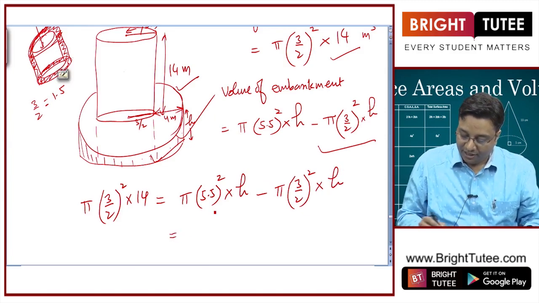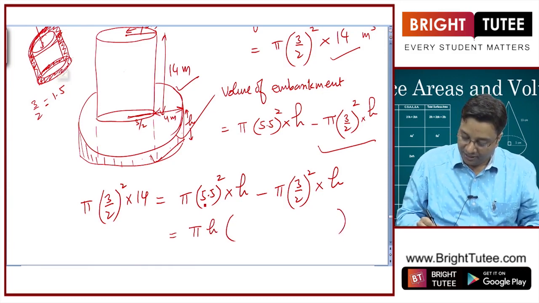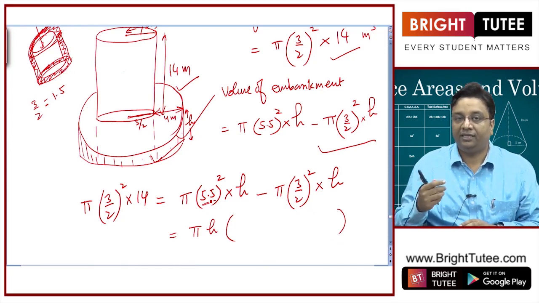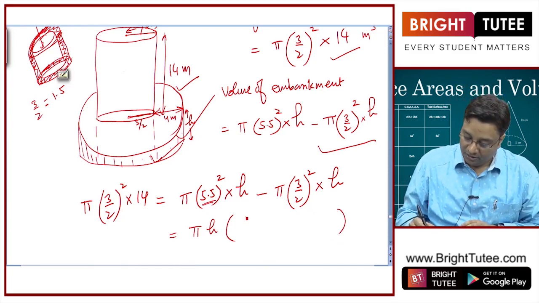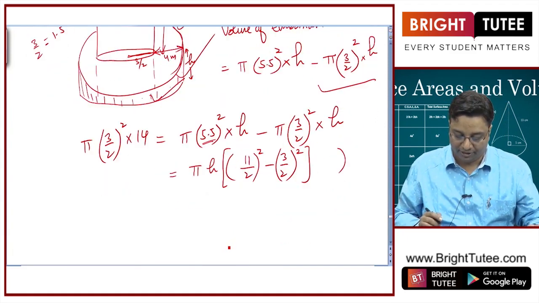So you can see pi h can be taken as common from here for the sake of simplifying the calculations, and 5.5 I always prefer writing it as 11 by 2, right? So 11 by 2 square minus 3 by 2 square will remain inside if I take pi h common outside.